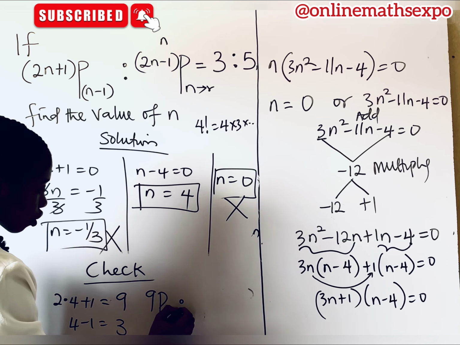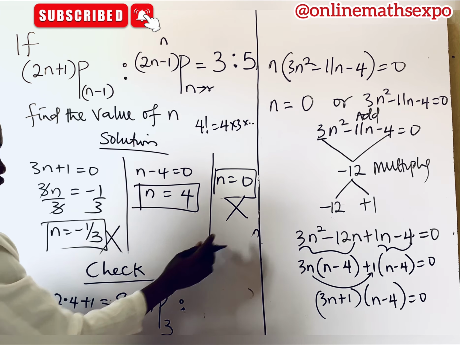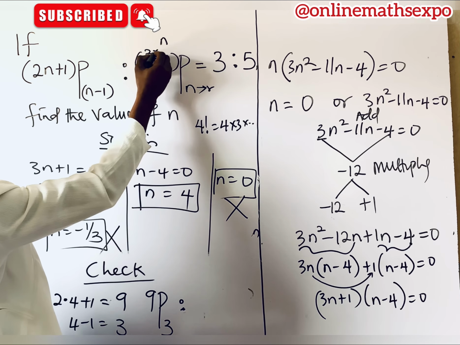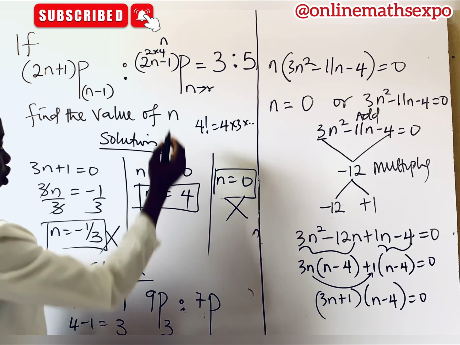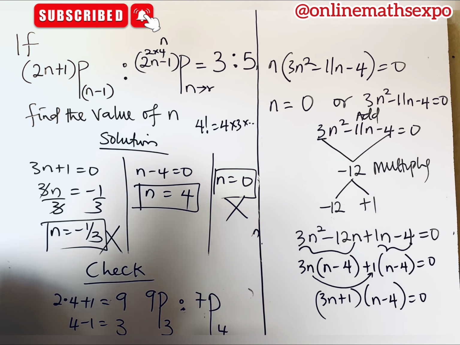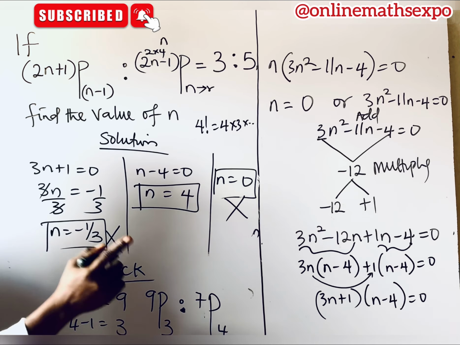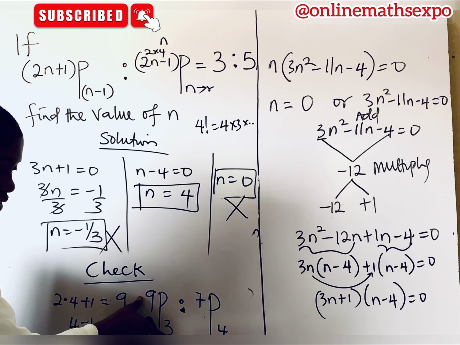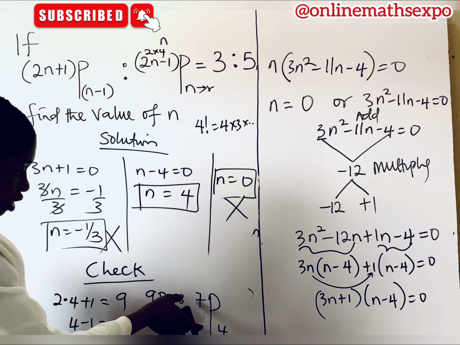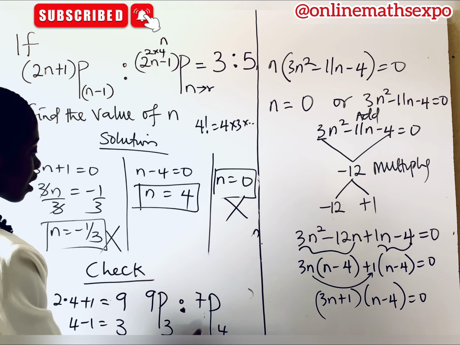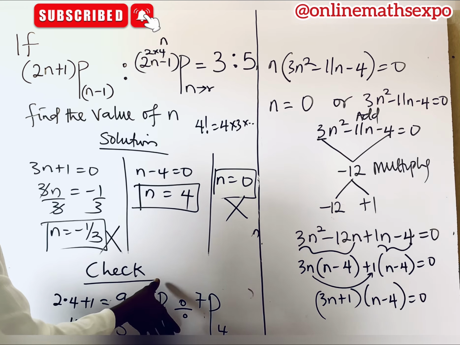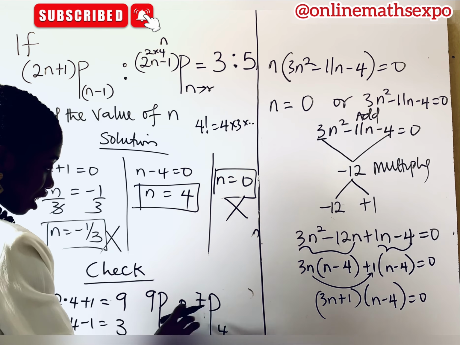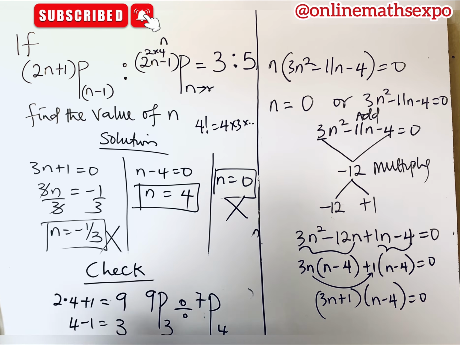And for the ratio, if you put n as 4, 2 times 4 will give us 8 minus 1 will give us 7 permutation 4. Did you see that? So you are going to do it for me. Check the value of 9 permutation 3 ratio this. Will they give you the same? Remember, the ratio is the same as division. Get the value of this, divide it by this. Let's know if it gives us this as an answer.